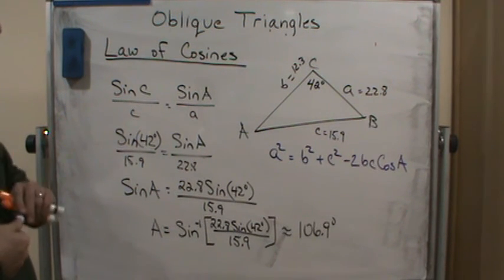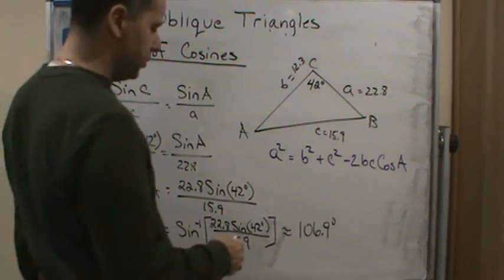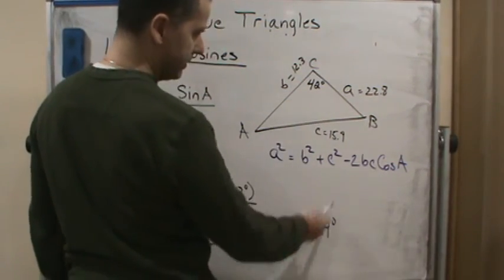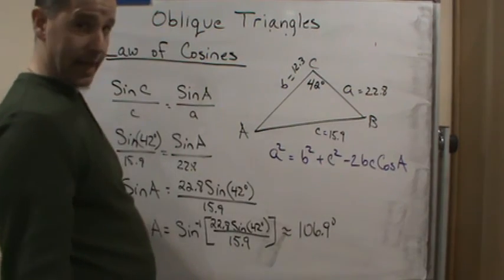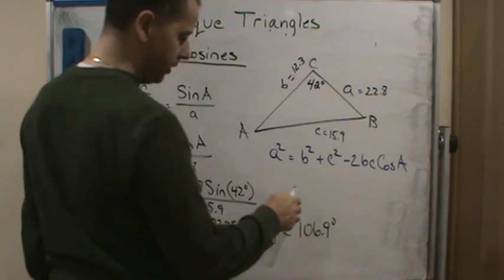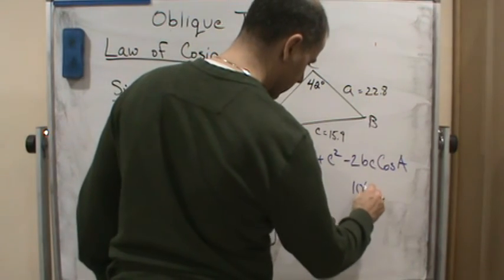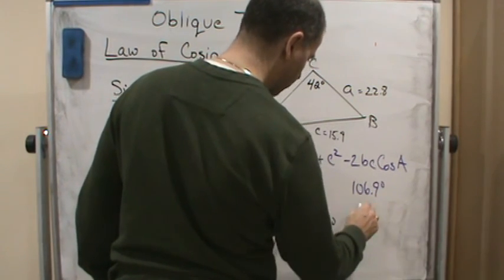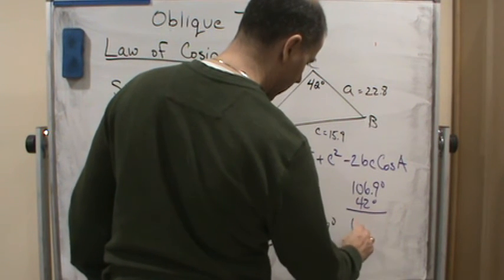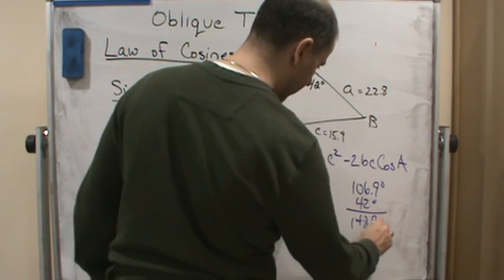Okay? And then to get the final angle, all I have to do is use the fact that 42 plus this plus B has to add up to 180 degrees. So if I take 106.9 degrees plus 42 degrees, that's going to give me 148.9 degrees.